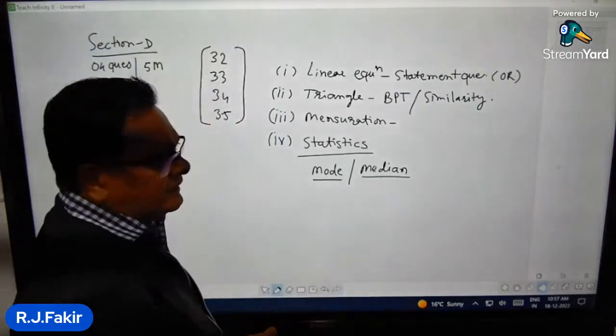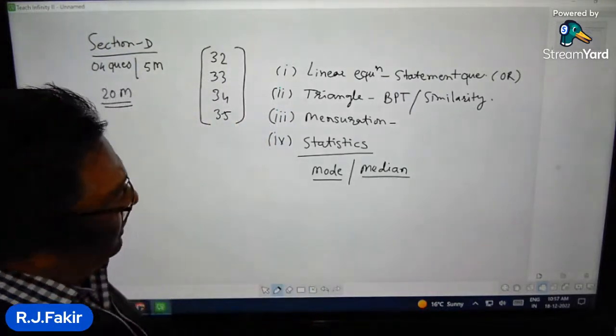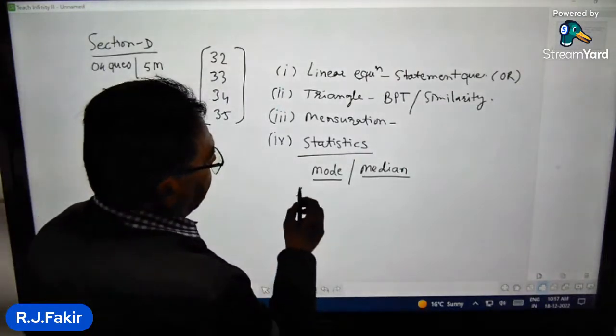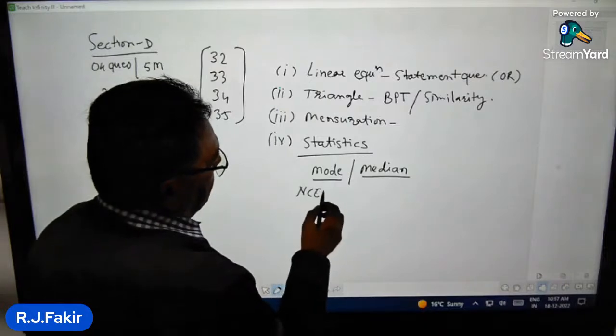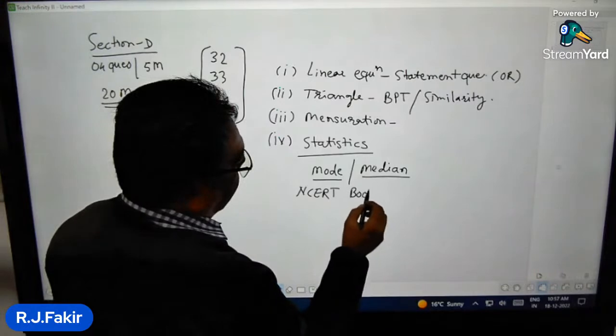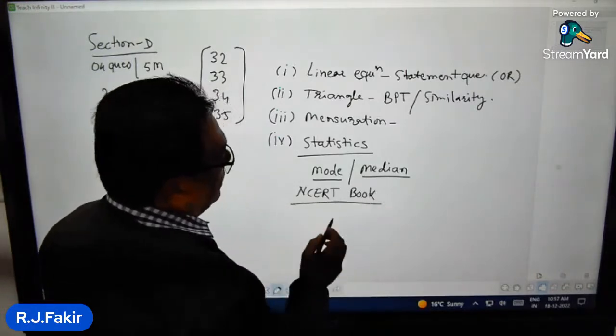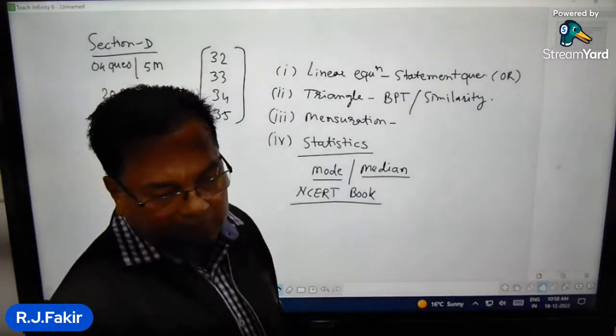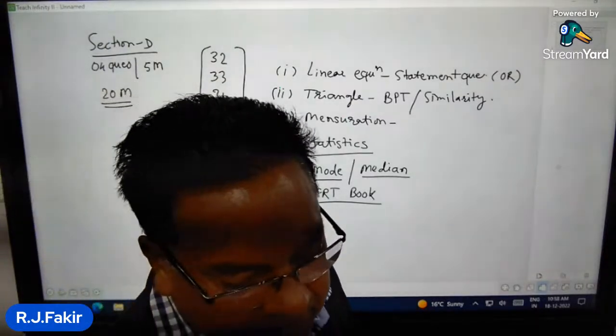So for this what I suggest is you just learn this formula and practice the questions from your NCERT book. Don't refer to any other book for formula. And whatever symbols are there in the formula, you also learn them as it is.